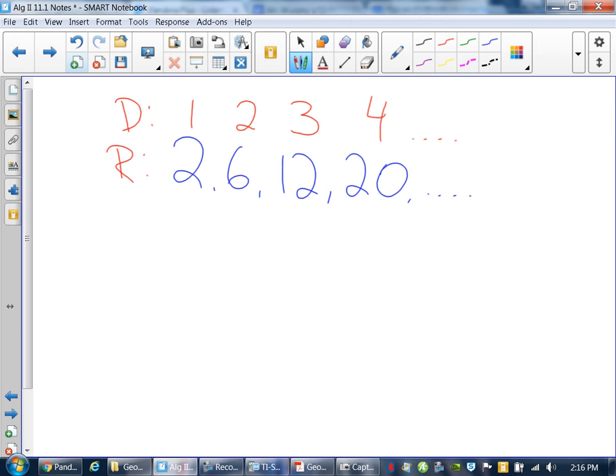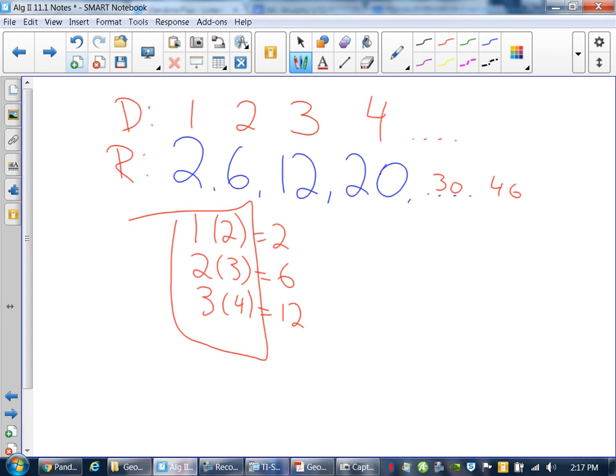5 times 6. 5 times 6 would be 30. 6 times 7 will be 42, okay. So what you're doing is you're taking 1 times 2, which is 2. 2 times 3 is 6. 3 times 4 is 12. How do you write this in terms of n's? N times 1?